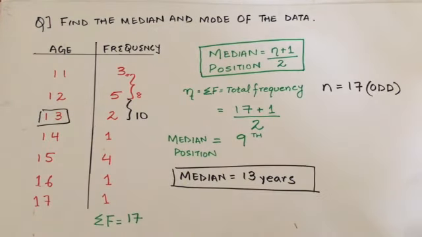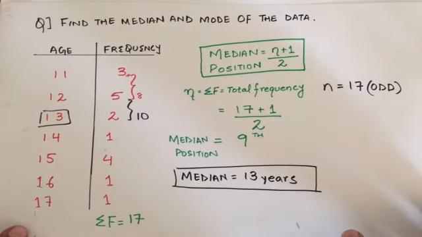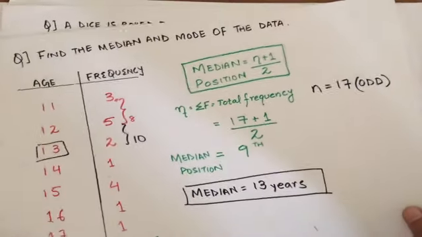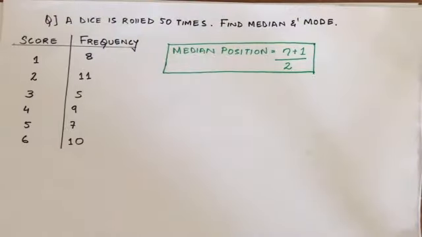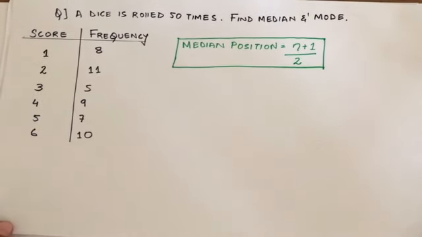So odd questions, the questions in which the frequency or the n is odd like 17, are fairly easy to solve. The next question I am going to solve for you guys would be an even one, so you can know that the even ones are a little more difficult to solve. I hope you got the concept. Moving on to the next question.